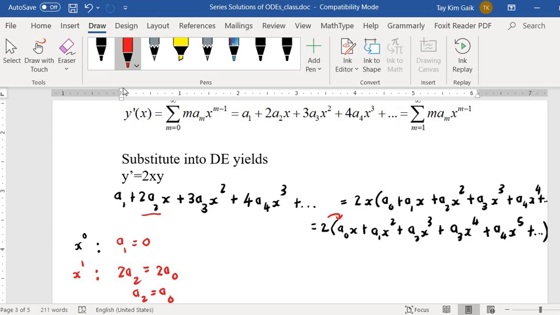And then you compare the x squared term. This one is the x squared term.